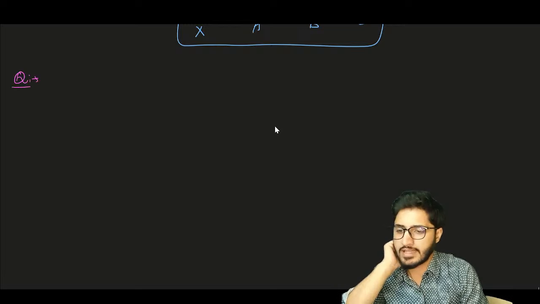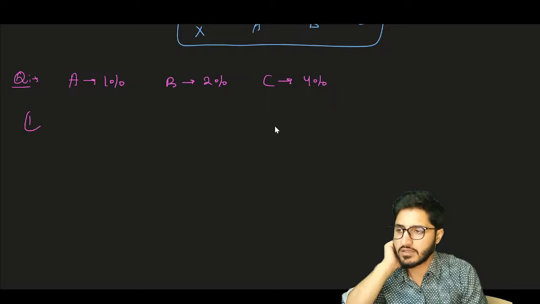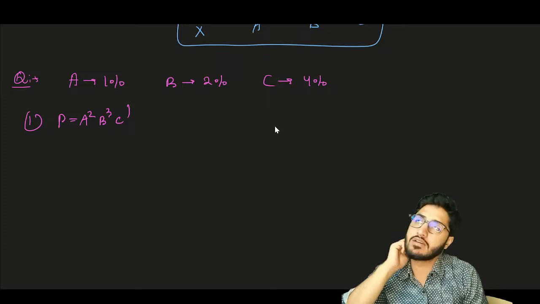Example: if my error in A is given by 1%, B is given by 2%, C is given by 4%. My question is P is equal to A square B power 3 C power 1. What would be the percentage error in my P?